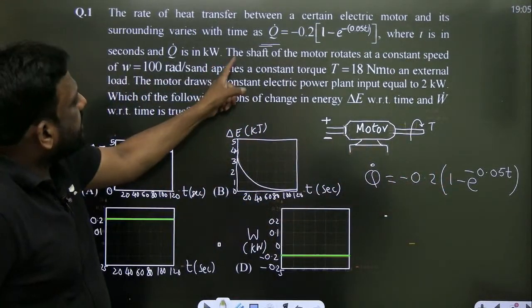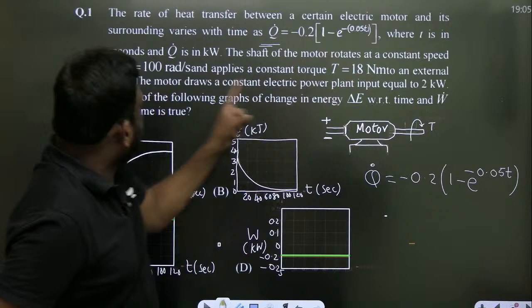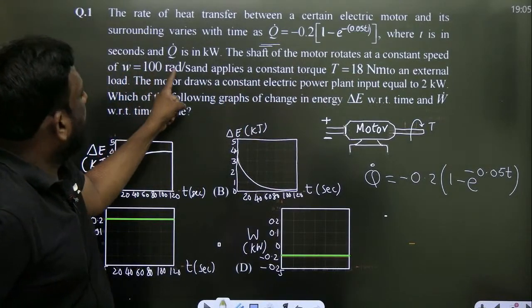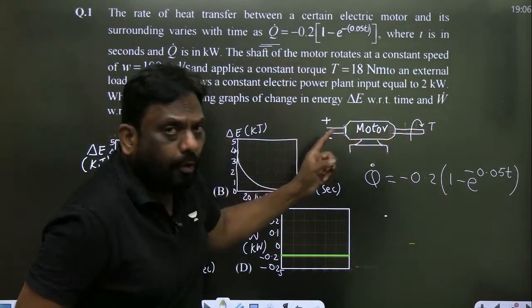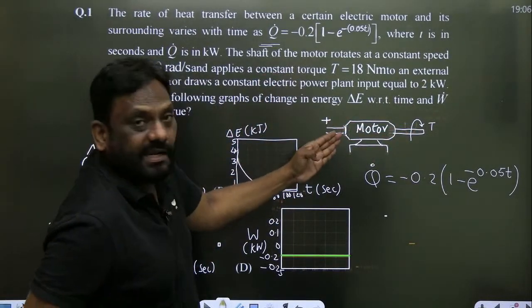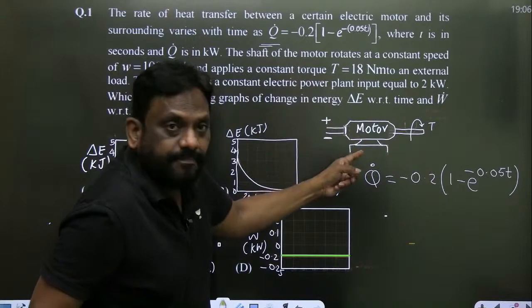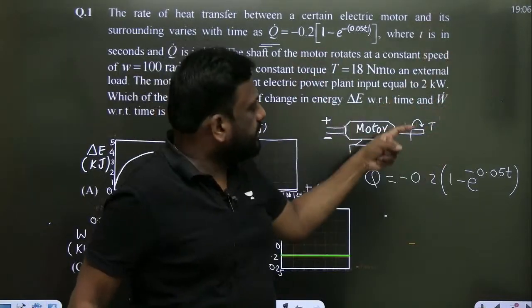The shaft of the motor rotates at a constant speed of 100 radian per second. The motor is taking electrical current, so work is done on the system, and it is also developing some work, so there is a shaft work.